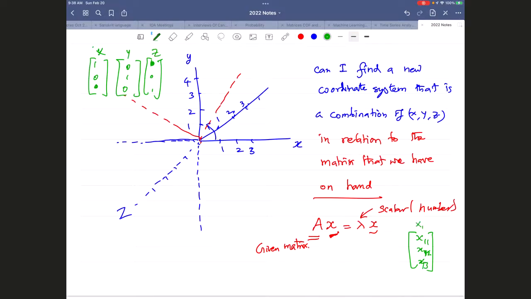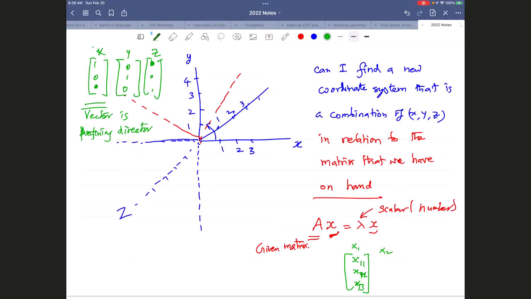That is X1. Let me do one more thing. I have to move this. I want to move it here. Okay, I need space. So there is another axis vector. Remember, a vector is pointing, defining direction.